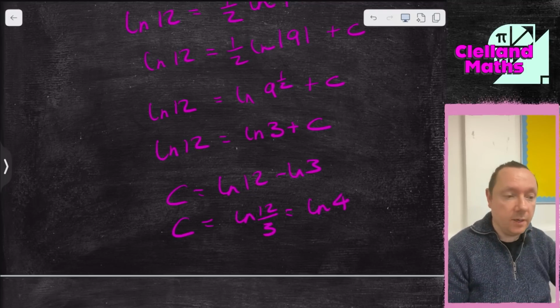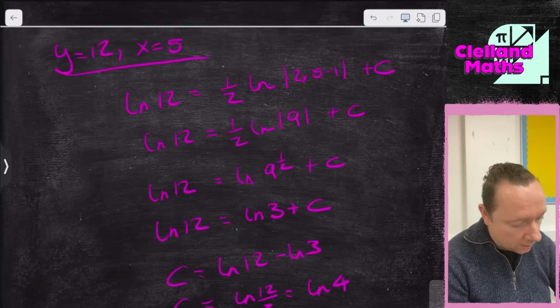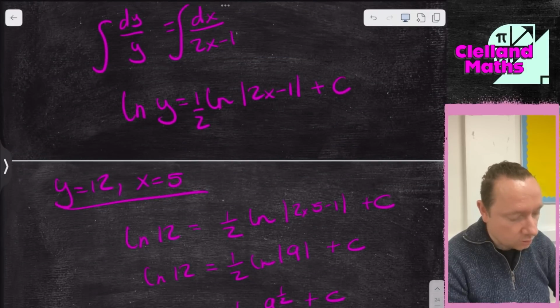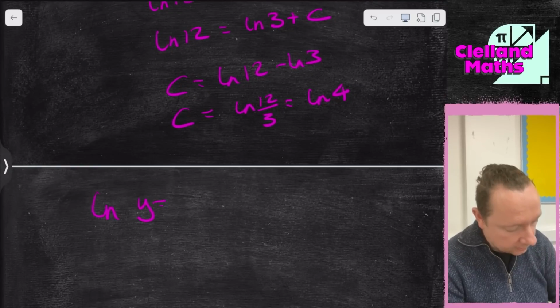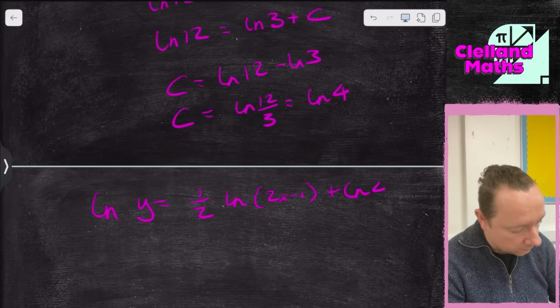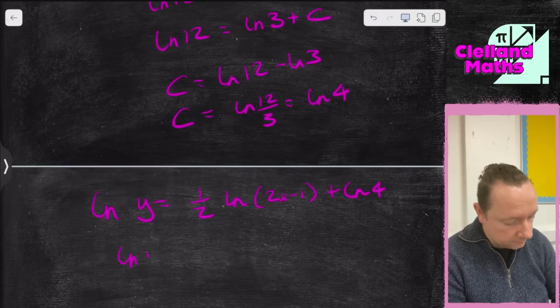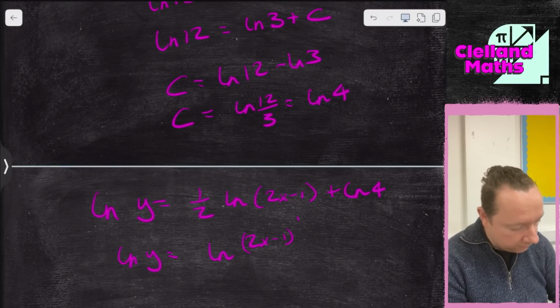So now we can just sub in our constant then. Remember, log y is a half log 2x minus 1. So log y is a half log 2x minus 1 plus c, which is log 4. So log y equals log, 2x minus 1 to the power of a half.